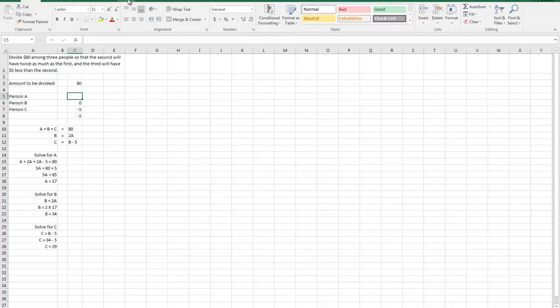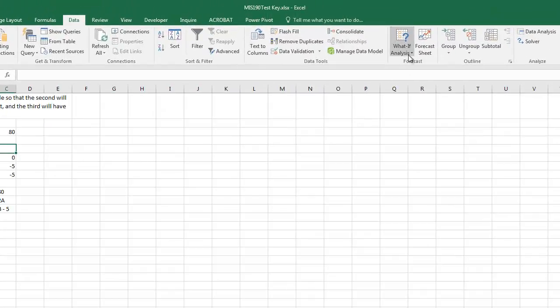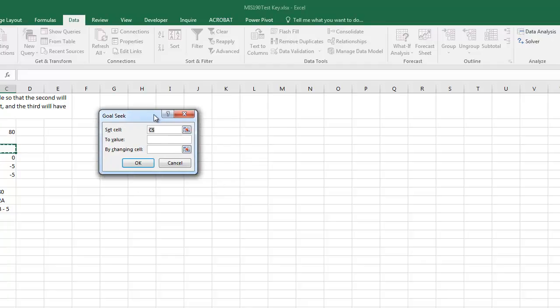In the data tab here, we will go to the what-if analysis and look at the goal seek, and we are wanting to set cell C5 here equal to 80. Okay, and I'm sorry, I lied on that first one.